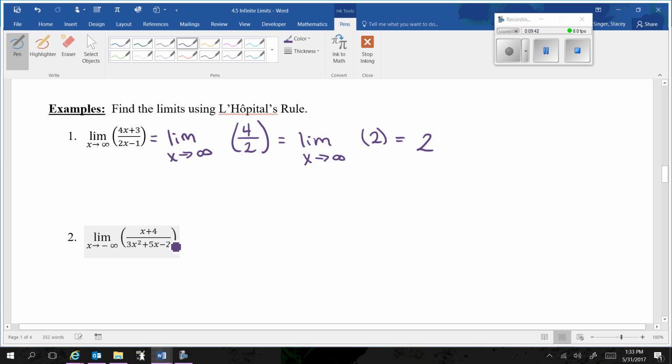Now looking at the next one. If I had the limit as x approaches negative infinity of x plus 4 divided by 3x squared plus 5x minus 2. Well, if I plug in infinity, I'm still going to get infinity over infinity. So I need to simplify my rational function over here.